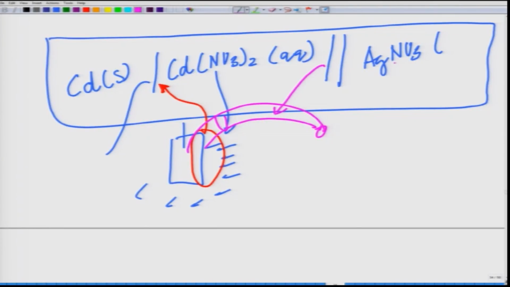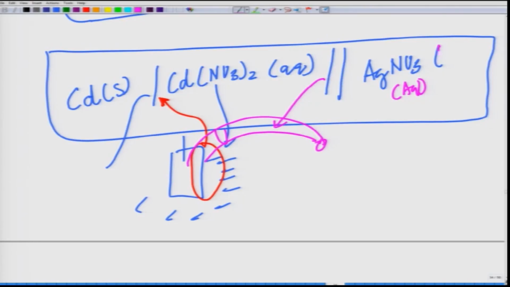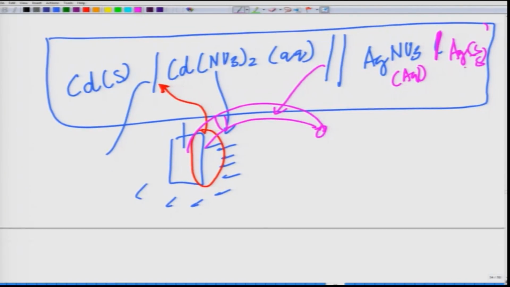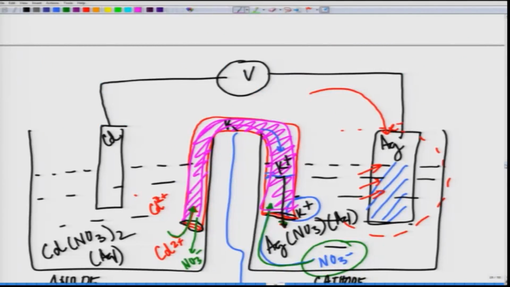You have AgNO3 aqueous phase with Ag solid. So, this is essentially the reaction we just discussed, and this is how you write it in line notation.